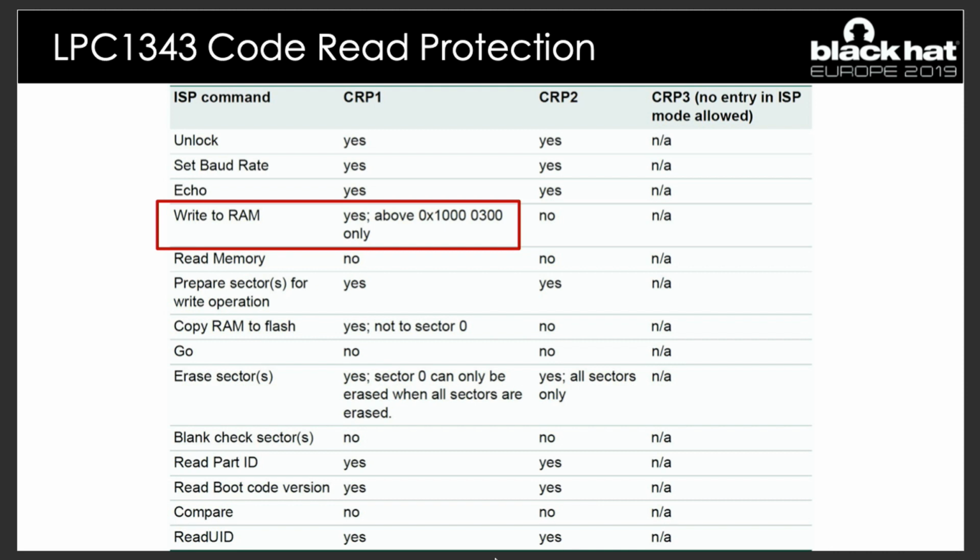So these addresses are basically for code protection values and bootloader stuff. So it allows you to write inside the RAM, it just needs to protect the bootloader stuff. Also, another thing, read memory is not allowed at all, even with the lowest level of protection.